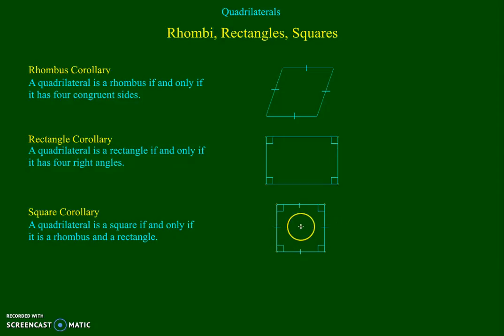So by the definition of a square, it's a square. So these corollaries are fairly straightforward, but we're going to need them. They're a very vital part of showing that quadrilaterals are in fact rhombi or rectangles or squares. So let's move on to the next property.